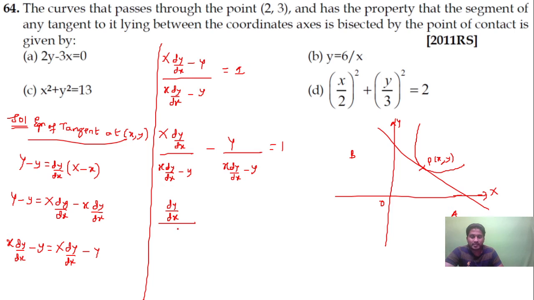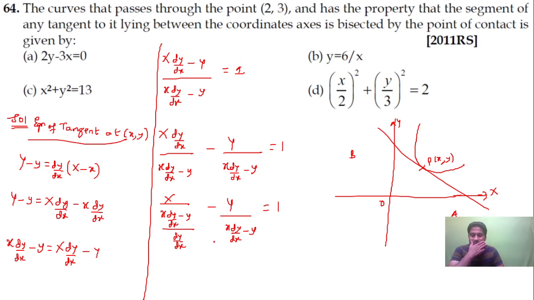I'll take this to the denominator form, intercept form. So this will be equal to capital X upon x dy by dx minus y divided by dy by dx, minus capital Y divided by x dy by dx minus y, is equal to 1.